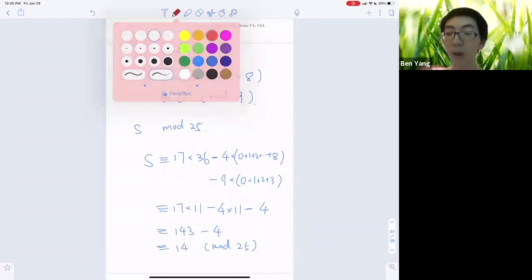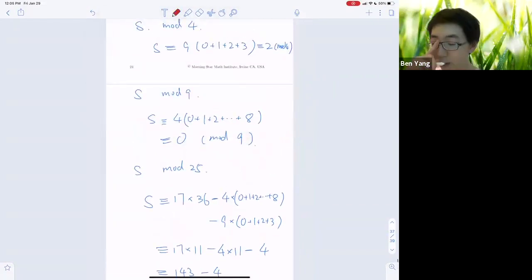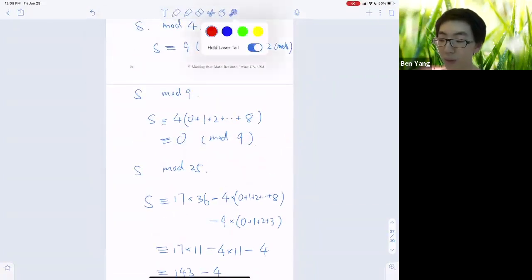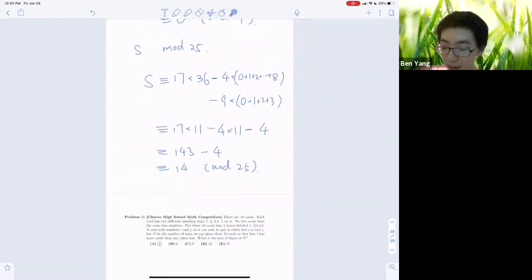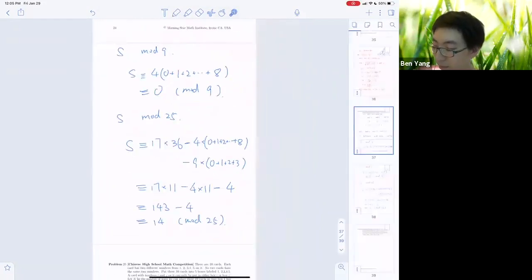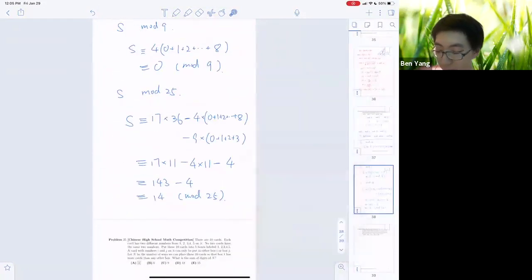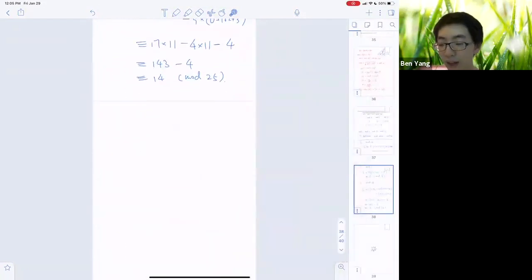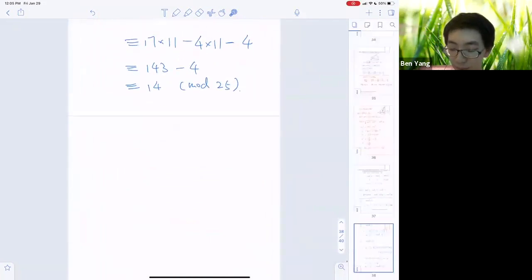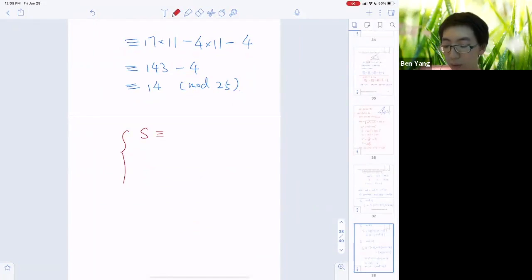Okay, we're almost there. There's just one last step. So now we have the remainder of S on division by 4, 9, and 25. So S is equivalent to 2 mod 4.